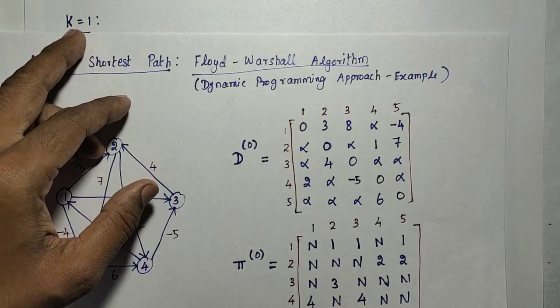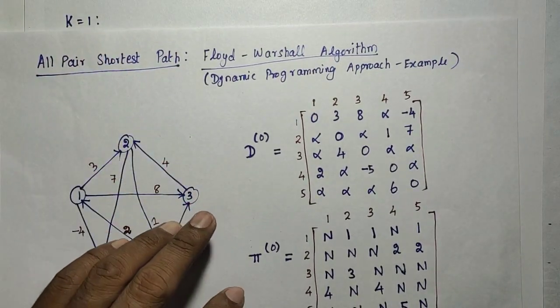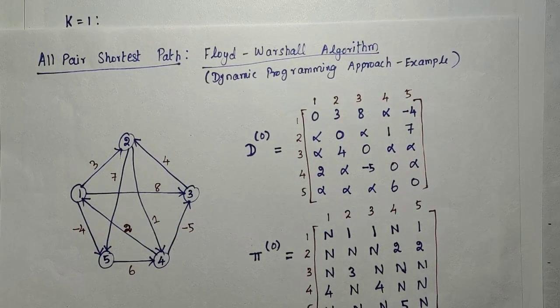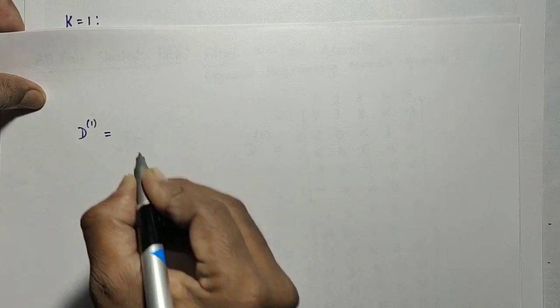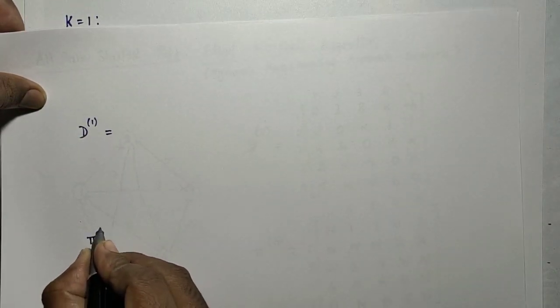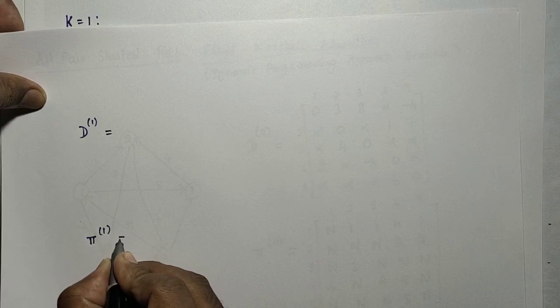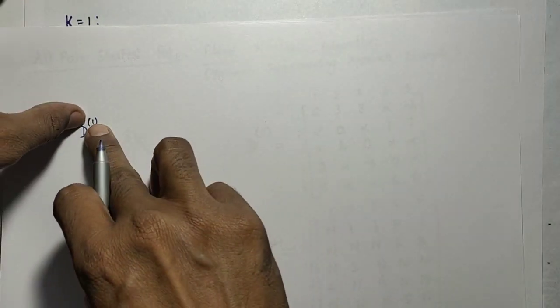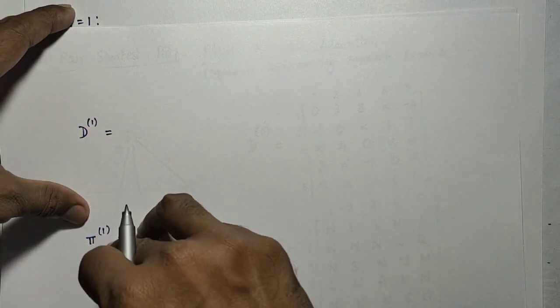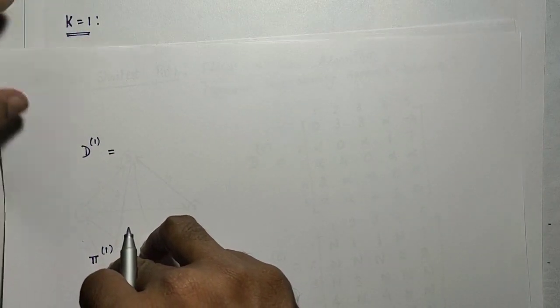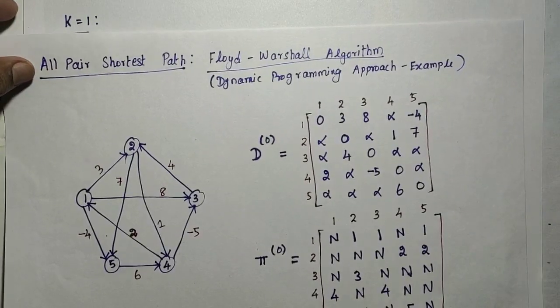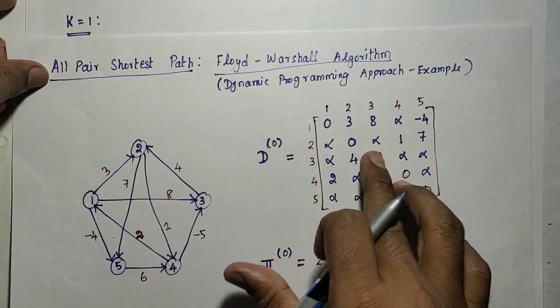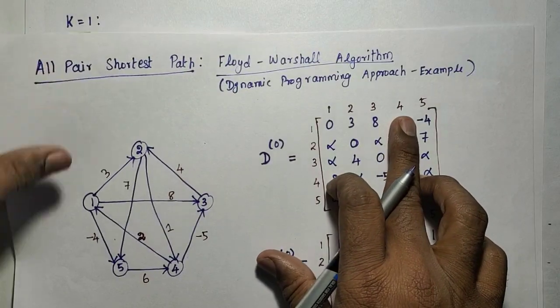So when k equal to 1, we are going to generate d of 1 and pi of 1, those two versions, corresponding to the end of the first iteration. So how we are going to update, whether the modification is needed or not, is based on the condition.